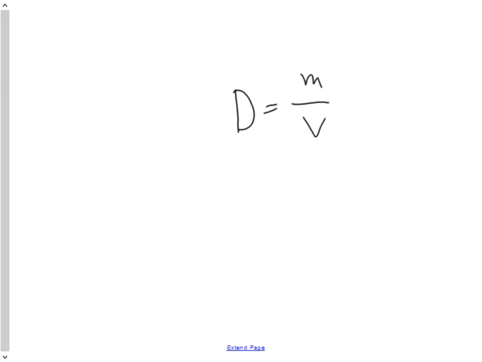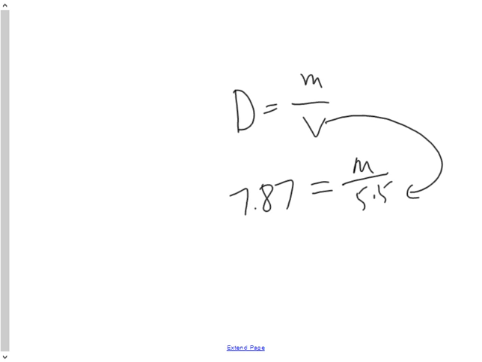So it says the density of pure iron is 7.87 grams. So I'm going to change D to 7.87 because that says the density of iron. It says, what is the mass? What is the mass means I don't know it, so I'm going to put M as I don't know it, of a piece of pure iron with a volume of 5.5.